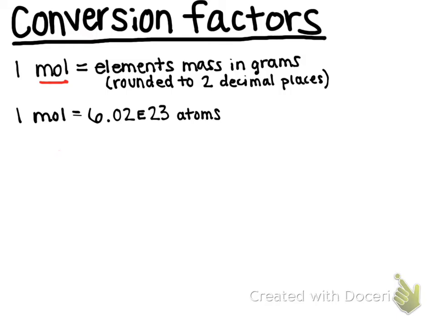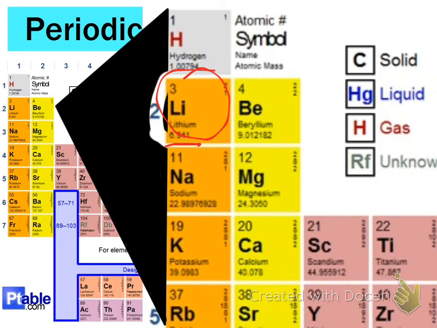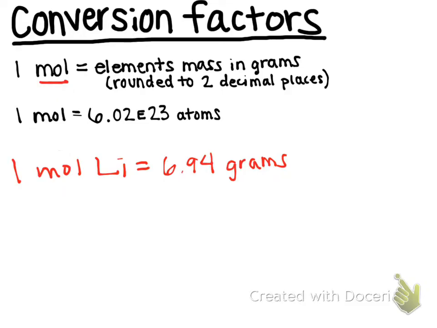So 1 mole of lithium equals 6.94 grams. 1 mole of sodium rounded to 2 decimal places would be 22.99 grams.